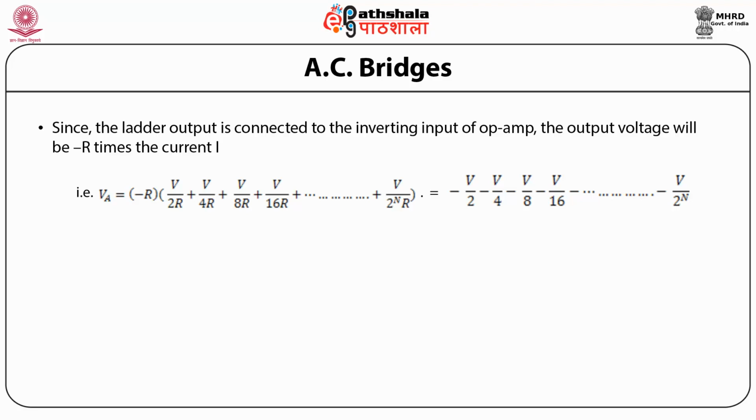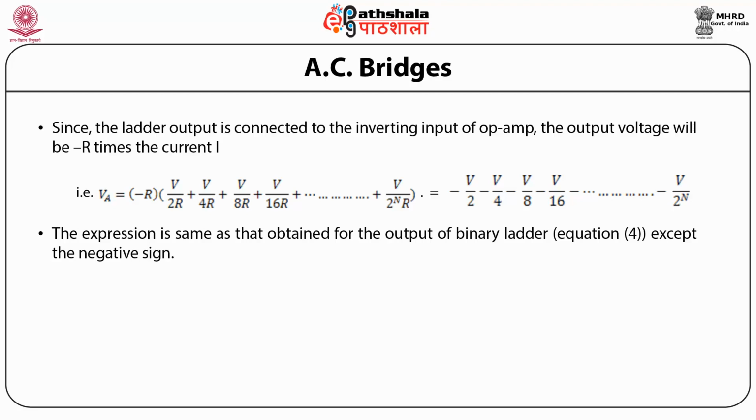This can be simplified to obtain VA equal to minus V by 2 minus V by 4 minus V by 8 minus V by 16 till the last term being minus V by 2 raised to power N, where N is the number of bits. This expression is the same as that obtained from the output of the binary ladder, which was discussed in the previous module, except the negative sign.